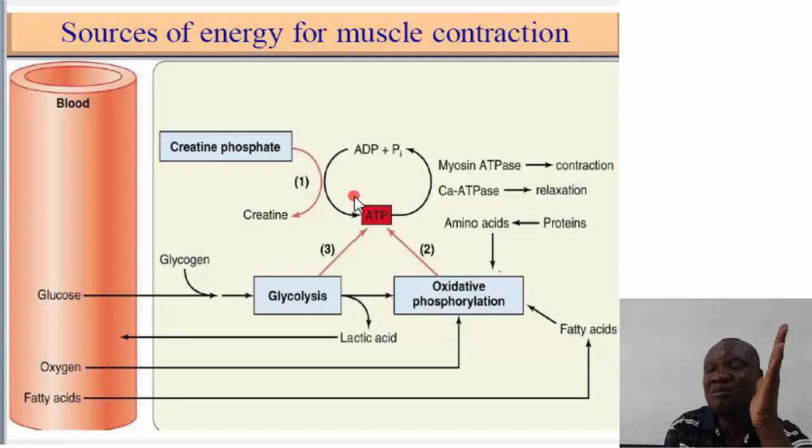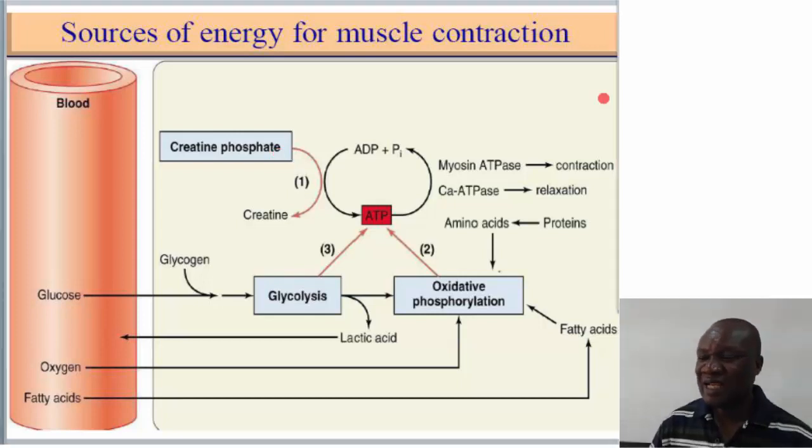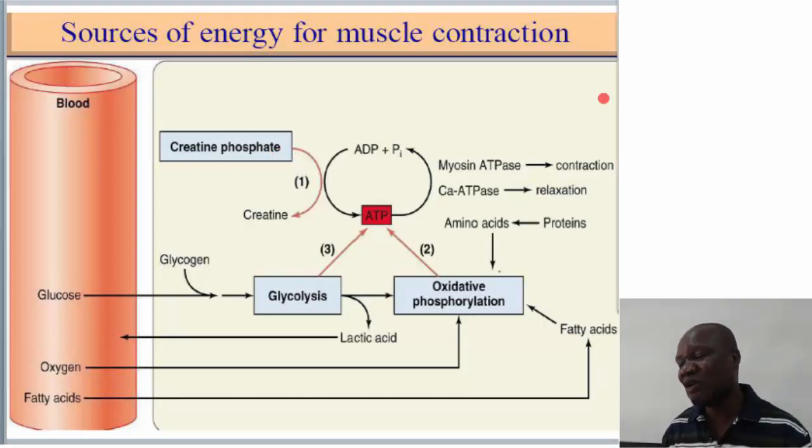Now, there are three sources for energy supply in the muscle. These sources are creatine phosphate, glycolysis, and oxidative phosphorylation. I said there should be a continuous supply of ATP for muscular activity.